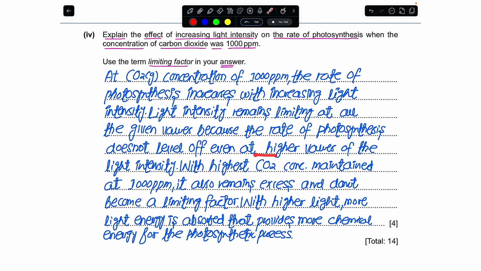Then we would say that with the highest carbon dioxide concentration provided, that too at 1000 parts per million, throughout the investigation the CO2 would remain in excess and would not become limiting. For the fourth mark, we would say that with higher light intensity, more light energy is absorbed by the chloroplasts of the plant, and that light energy would be converted into chemical energy, which is what carries out the photosynthetic process.